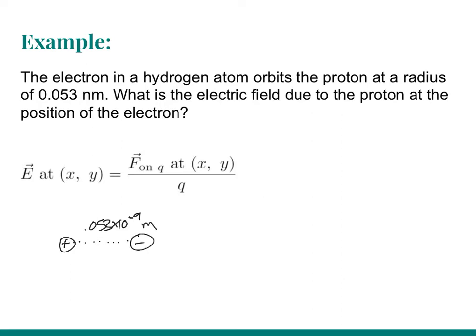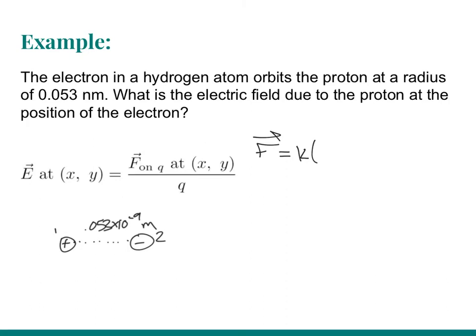To find the electric field, we've just got to plug things in. So the force of Q1, which we'll say is the proton, on Q2, we're going to find using Coulomb's law. Force equals 1 over 4 pi epsilon naught, which I'm just going to write as K because it's the same thing.